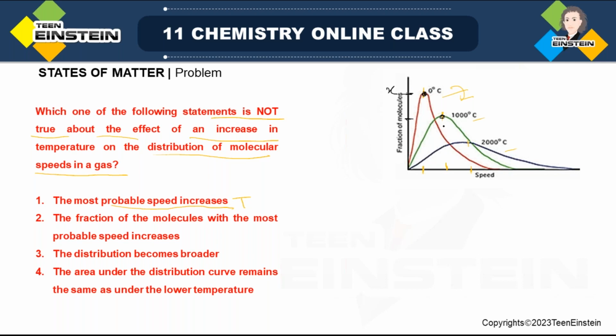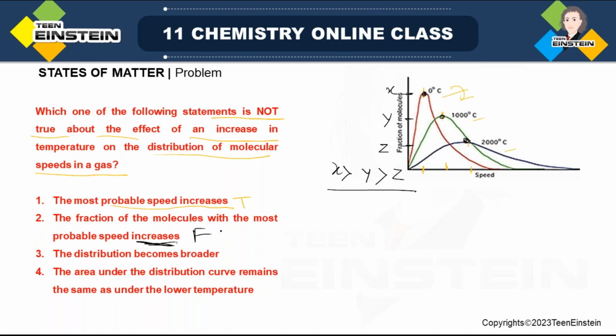The corresponding line, if you draw, it is y. When it is 2000, the corresponding line will cut here. Suppose this is z. Now you can easily understand, in the fraction of molecules, x is greater than y is greater than z. That means the fraction of molecules with increase in temperature is basically decreasing, not increasing. So this is the term which is not correct. So that is why this should be the correct option.